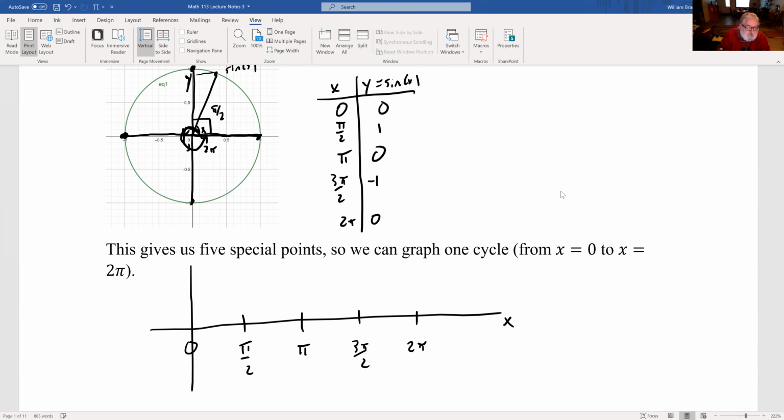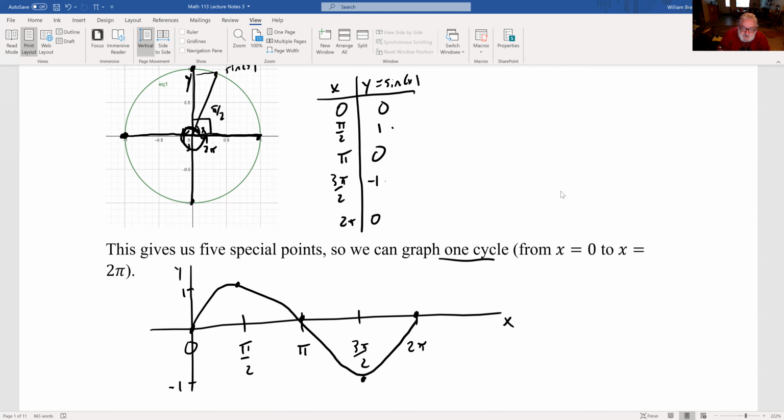This is my x-axis, this is my y-axis. Maximum number we get here is 1. Minimum number we get here is minus 1. At 0, we're at 0. At pi over 2, we're at plus 1, 0, minus 1, and then back to 0. So those are my 5 points graphed, and that gives me the graph of the function.